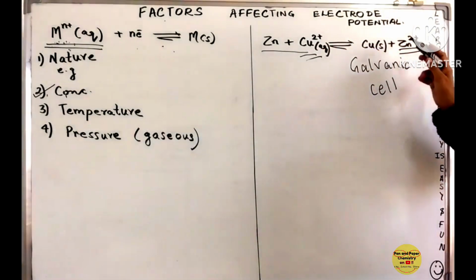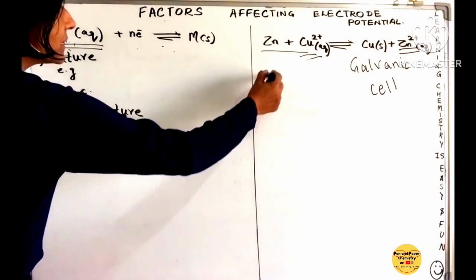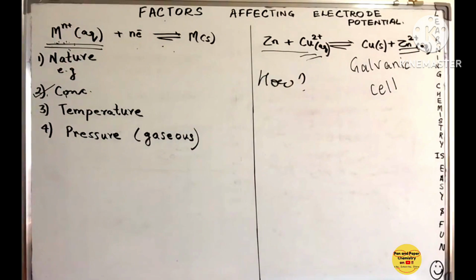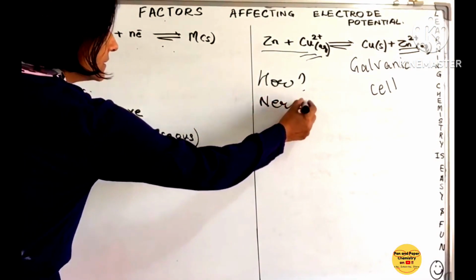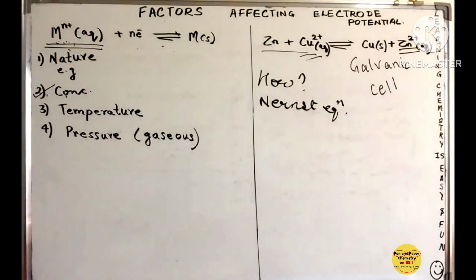A change in the concentration of any of these ions will affect the equilibrium and the EMF of the cell. How it affects is what we are going to do in depth in today's lesson under what we call the Nernst equation. A little more of that later.